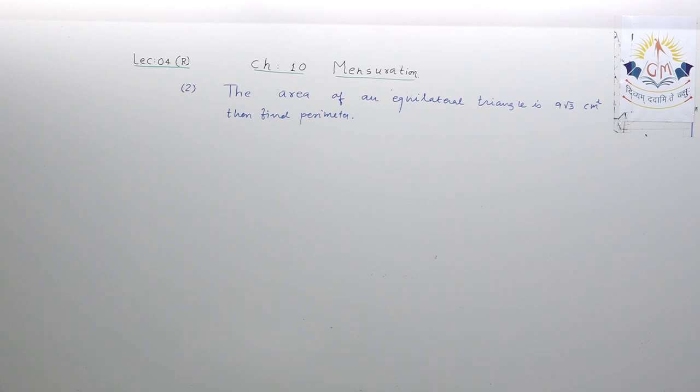You are already given the area, and the area has been given to you as 9 under root 3 square centimeter, and you have to find the perimeter. Just try this out.